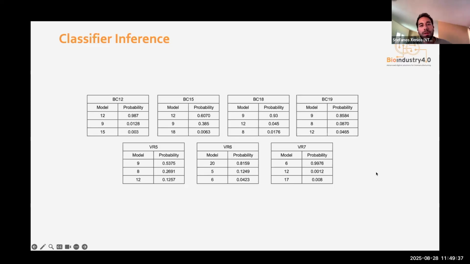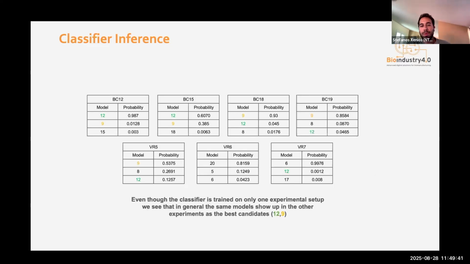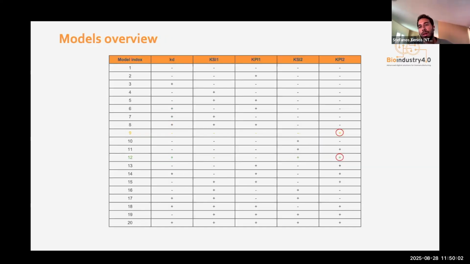So for the top 1 experiments, the classifier was able to predict the same models most of the time. We had some that we did not expect, but for example, we have model 12 and model 9 popping up most of the time. So we went back and looked into what common parameters they both had, and they had the xylitol inhibition in the product formation.